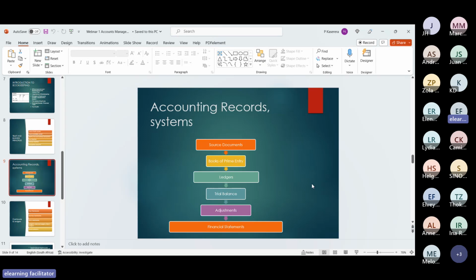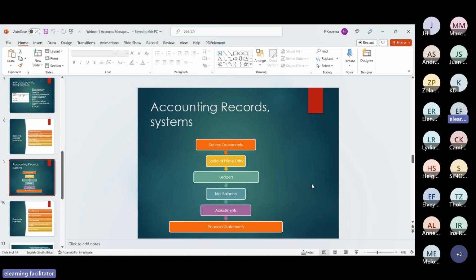From there, we post to the various ledger accounts. Our cash book will give us the various ledgers for our clients, the ledgers for our expenses, and the ledger accounts for our assets as well as our liabilities.